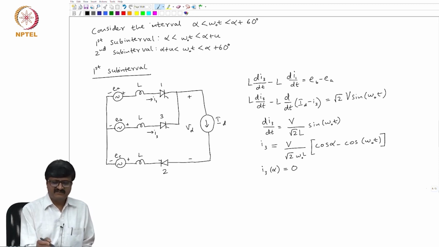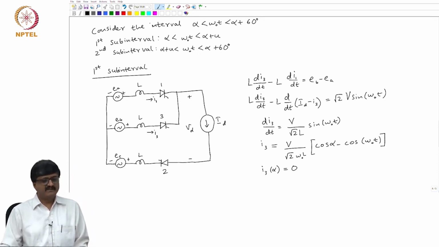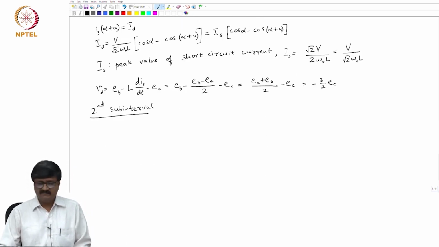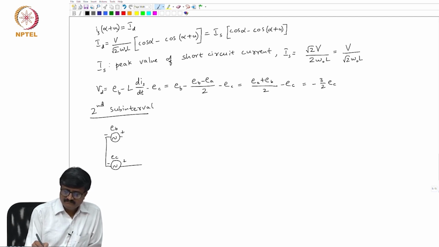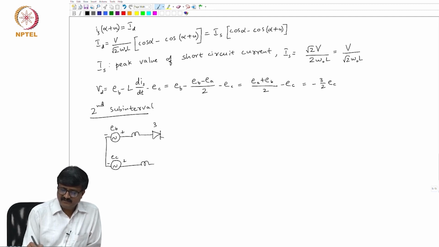So, I can just remove this EA, L and valve 1. The remaining elements which are shown are EB, EC, L, valve 3 and valve 2.